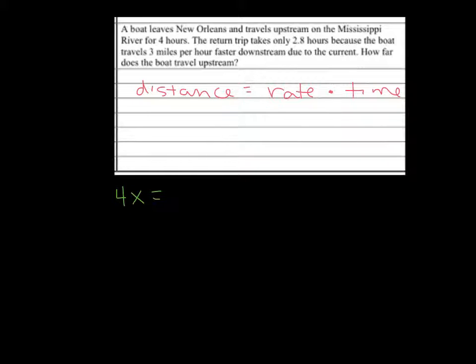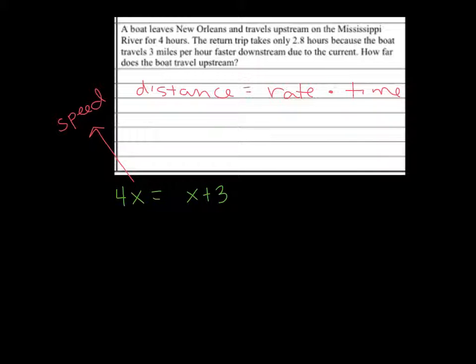So this one's a little bit trickier. They tell you that you went 3 miles per hour faster downstream. So remember, your x in this problem is actually your speed, right? That's your rate. So I know that on this side of the equation x is being increased by 3 because I went 3 miles an hour faster whenever I went downstream. Okay? All right.